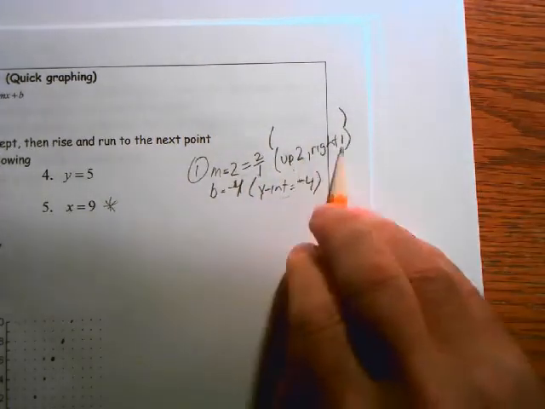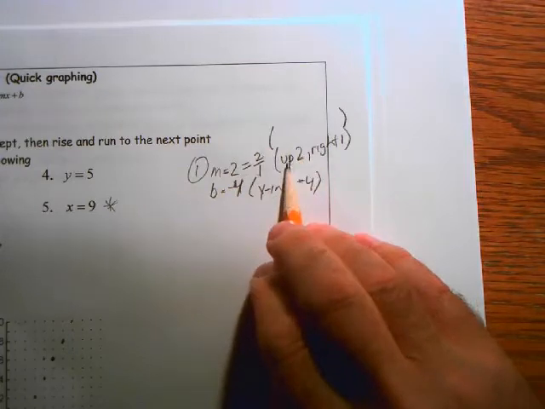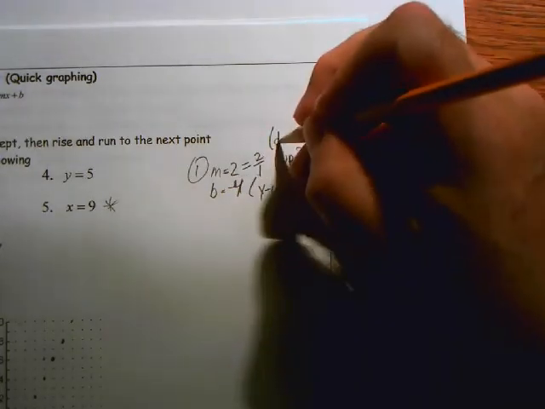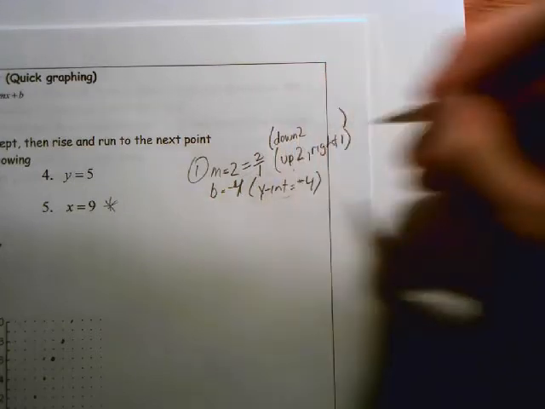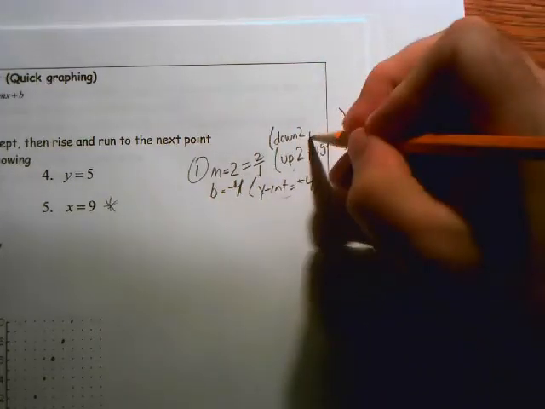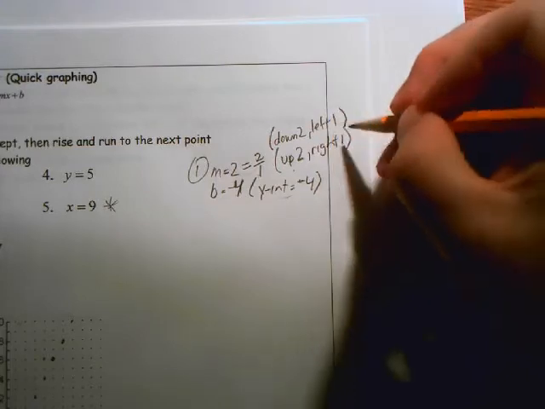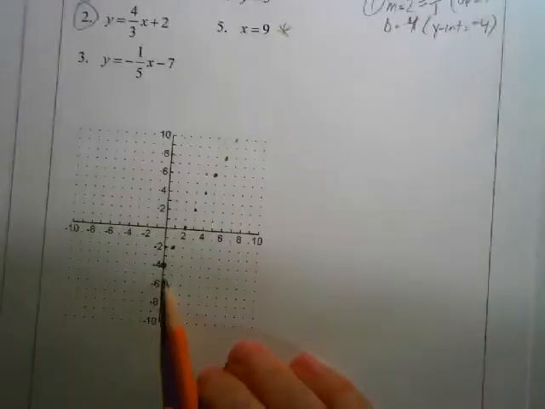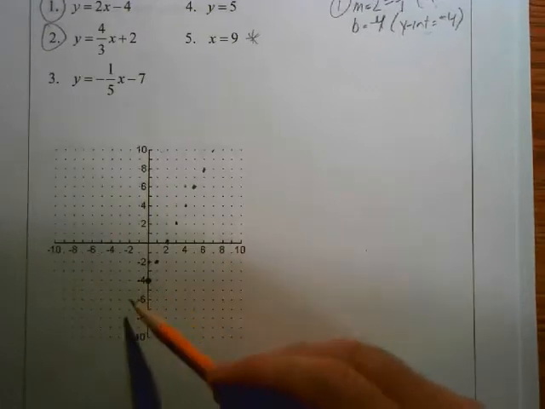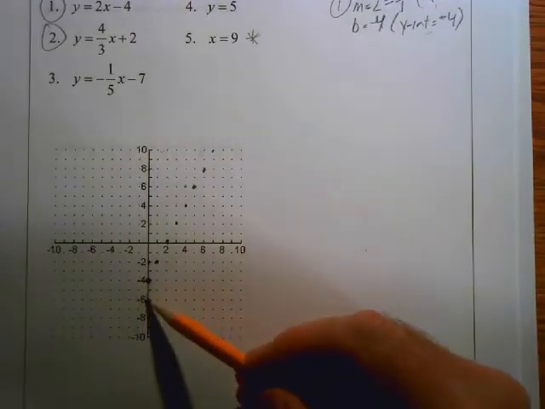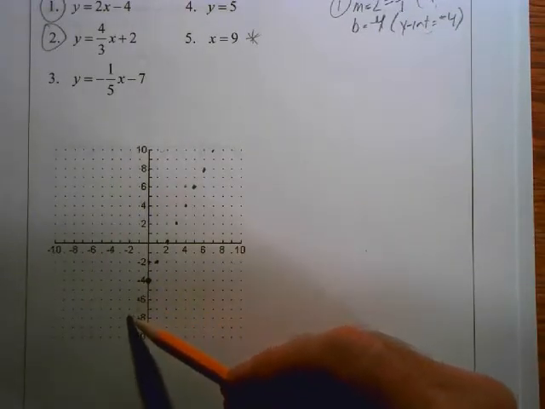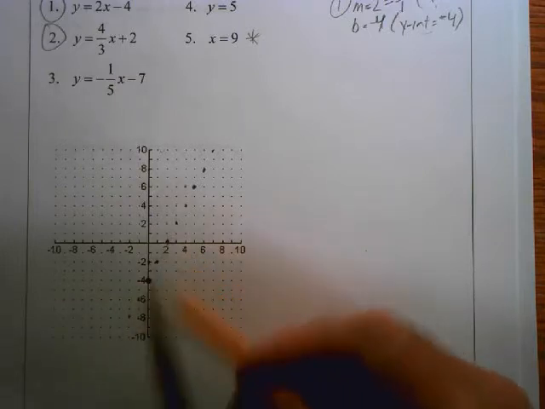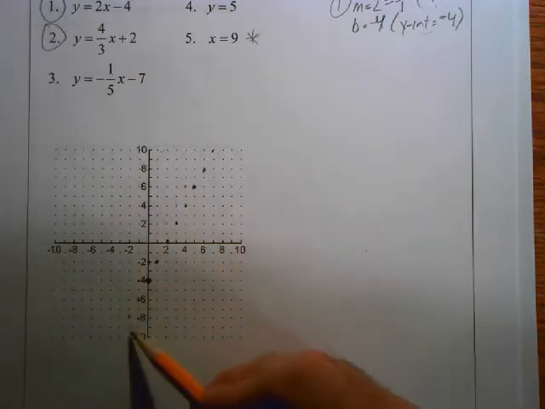If I keep these numbers the same, but change the direction, so instead of up 2, it's down 2, and instead of right 1, it's left 1. That also works. And you can see I could go down 2 left 1, down 2 left 1. That's giving me all the points on the left side of the graph, okay?